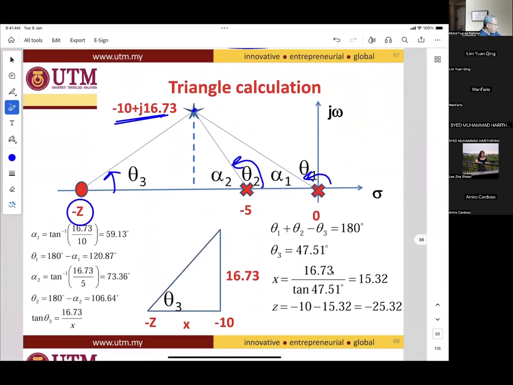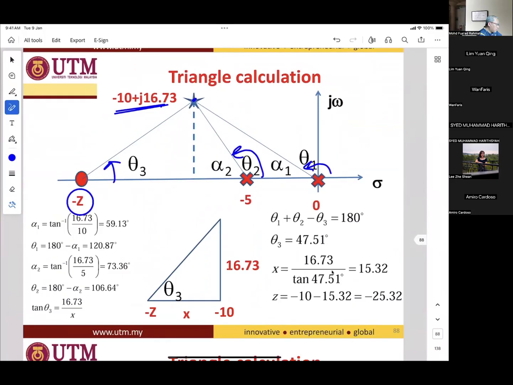Using trigonometry, the total of angles due to poles minus the total of angles due to zeros equals 180 degrees. Theta 1 you get from alpha 1, and theta 2 you get from alpha 2. So theta 1 is 120.87 and theta 2 is 106.64.